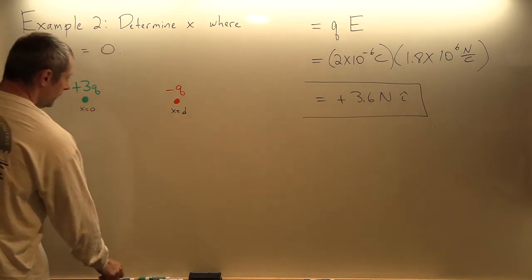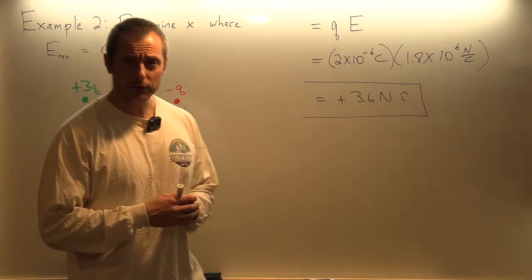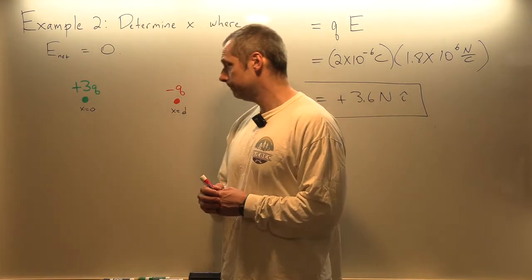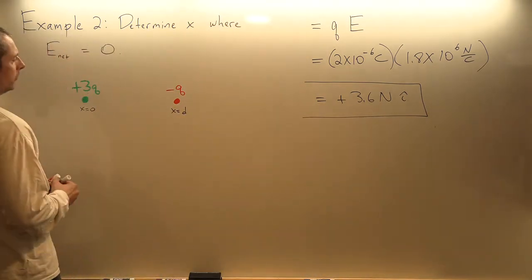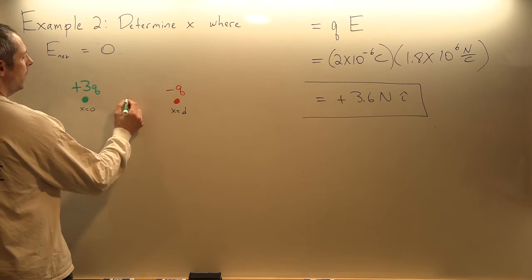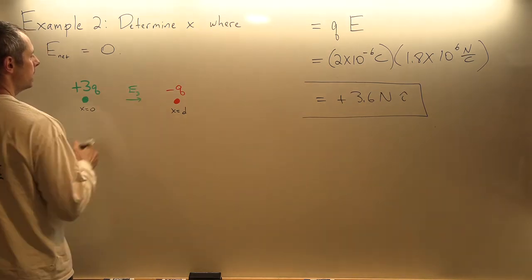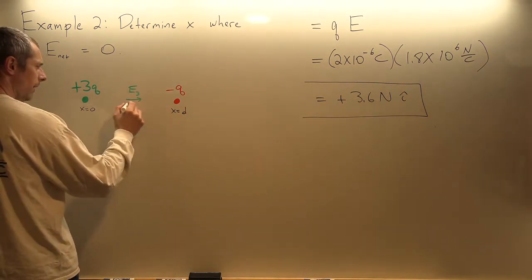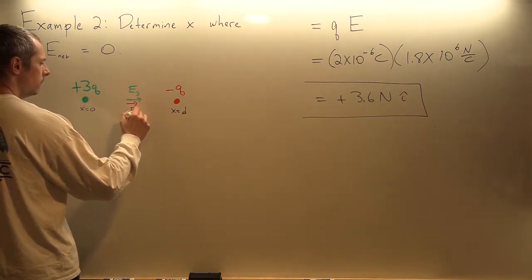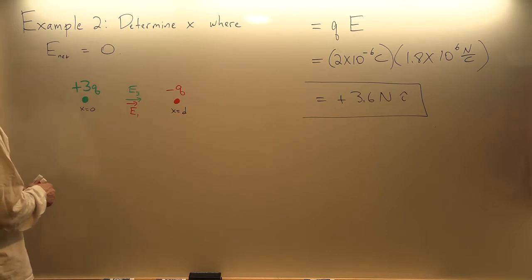Now, we need to figure out what region contains a point where the electric field is possibly 0. It turns out that over here does not work. First of all, in the middle doesn't work because the positive makes an electric field away from it like this, and the negative makes an electric field towards it that way. There's no way for those two to be 0 because they're in the same direction.